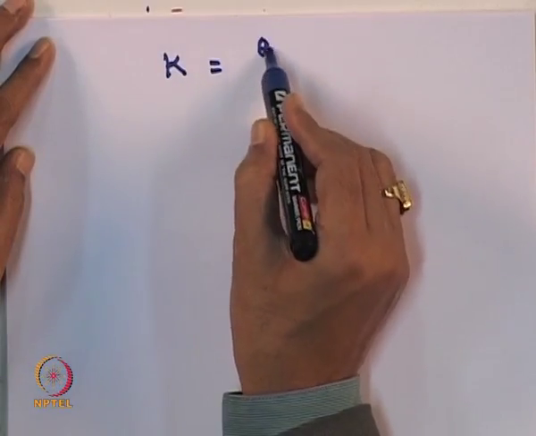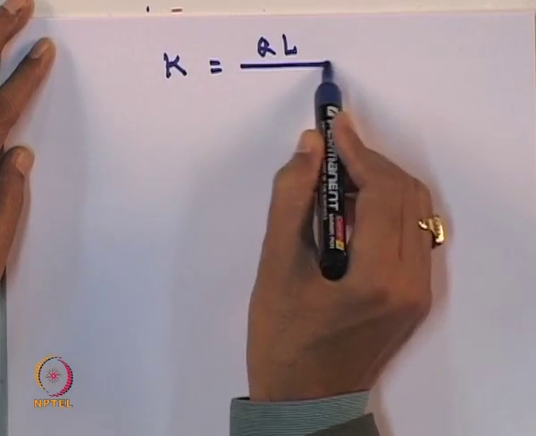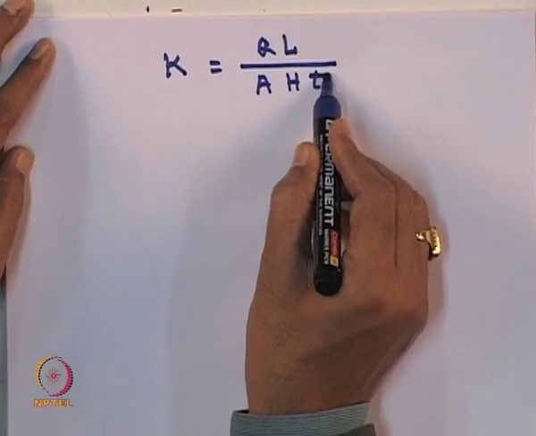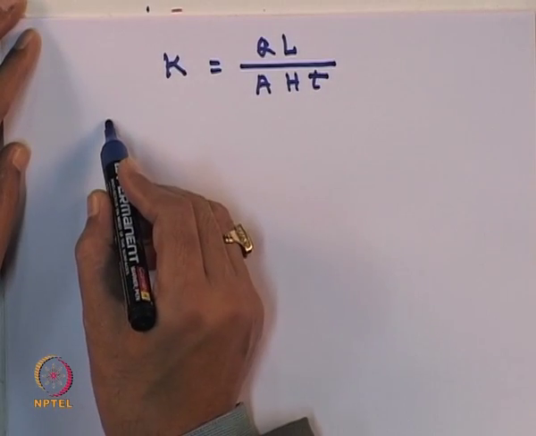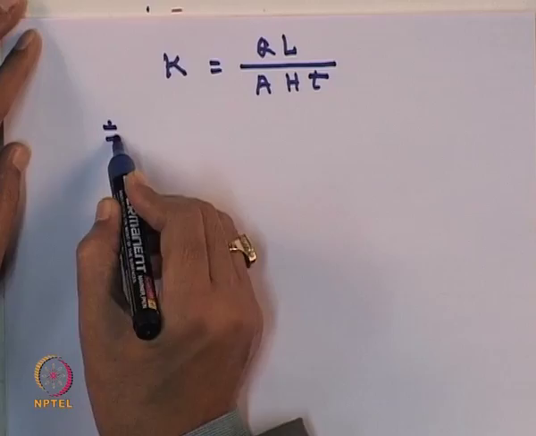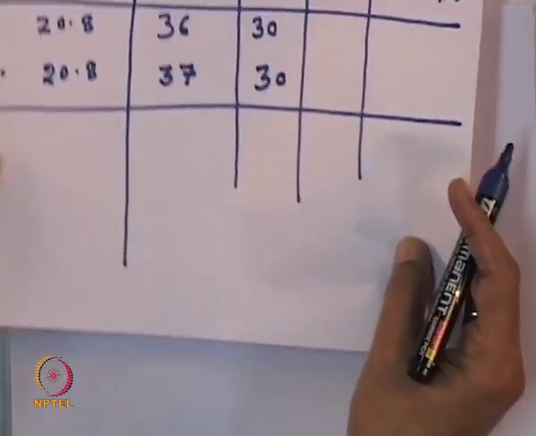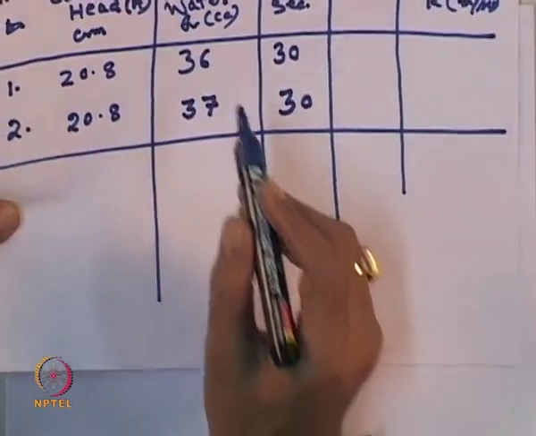You can calculate this K value using this equation. You know K is equal to Q into L, divided by A into H into T. Now in serial number 1, what is Q? Q is equal to 36.